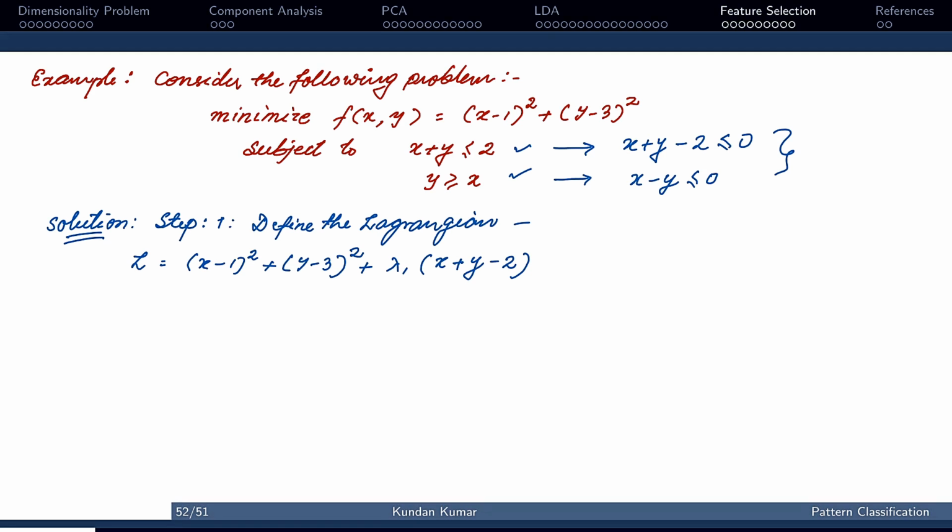The constraint should be in the form of less than or equal to 0. Then our Lagrangian will have lambda 2 into (x minus y).